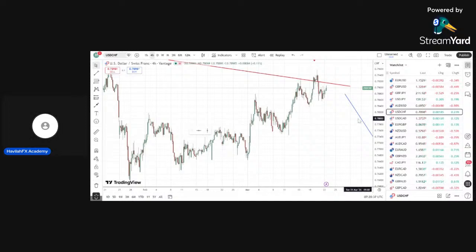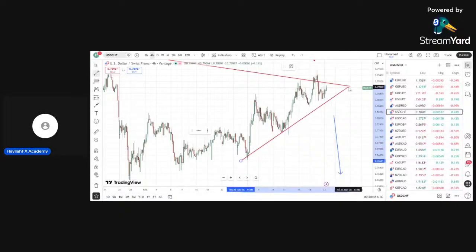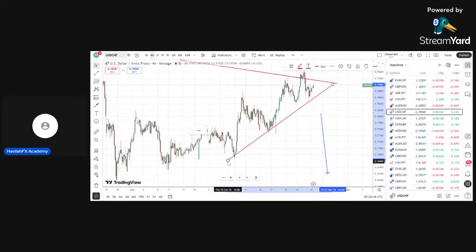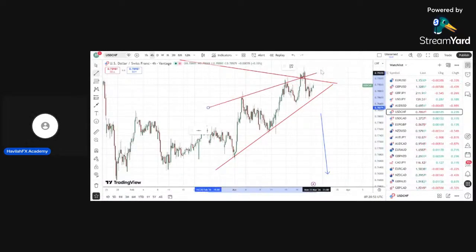So if you flip this down to the 4 hour time frame, don't forget the overall direction is bearish. On the 4 hour time frame, I can draw my trend line this way and a second one this way, giving me a clear-cut rising wedge pattern.